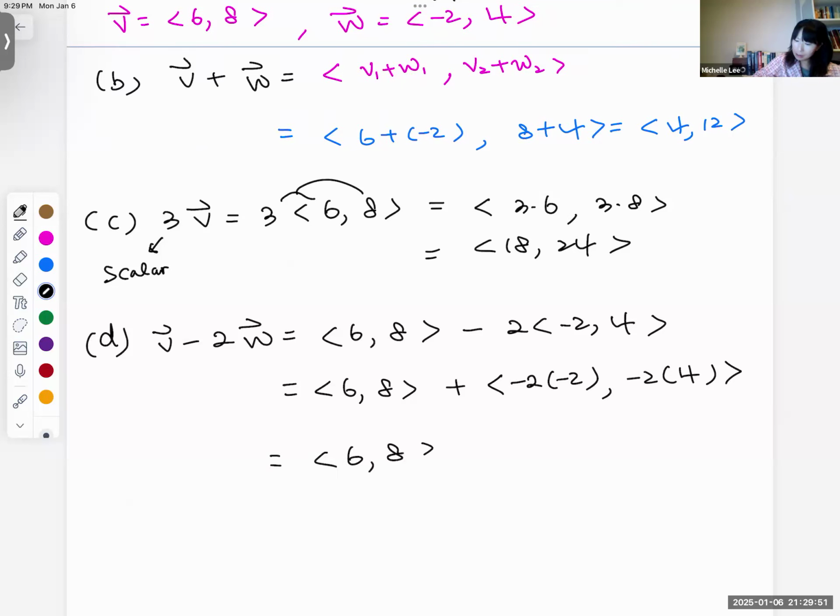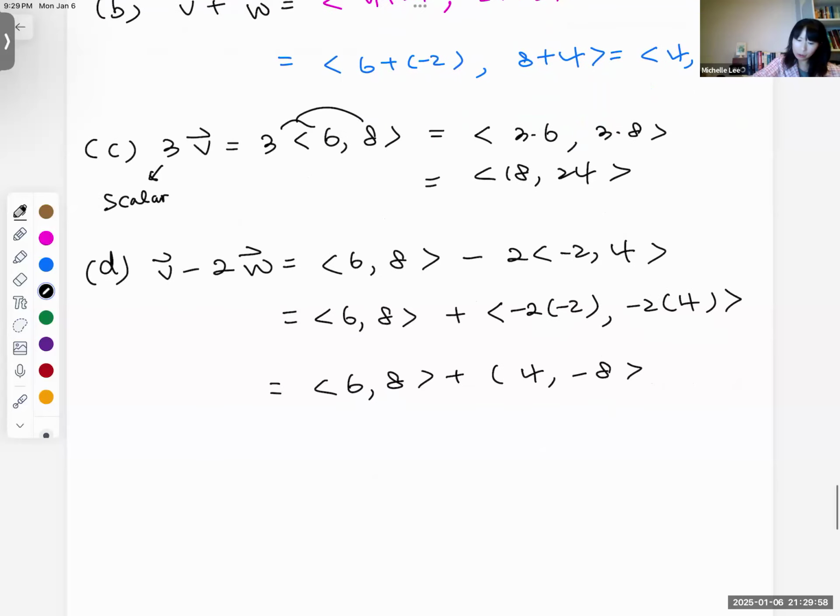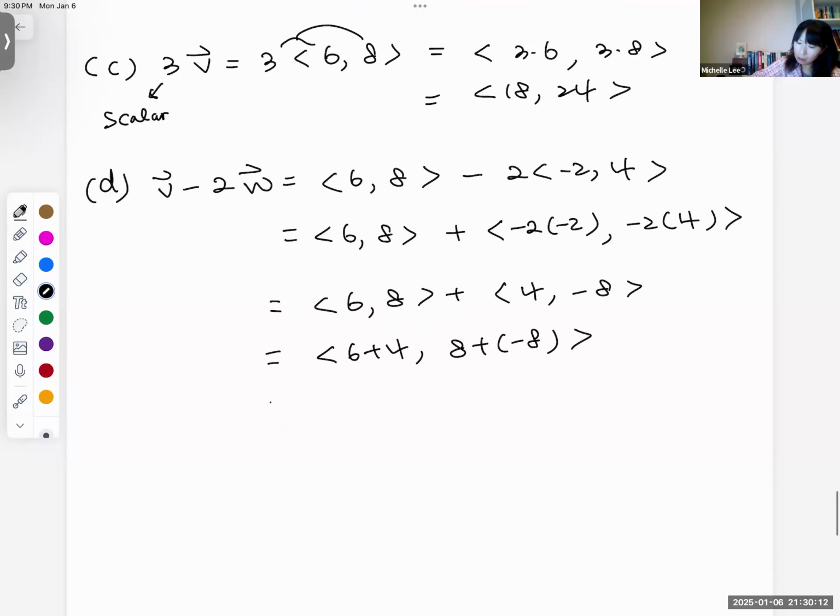So 6 and 8 plus 4 and negative 8, since a negative times a negative is positive. So we have 6 plus 4 and 8 plus negative 8. That will be 10 and 0. Everything is okay?